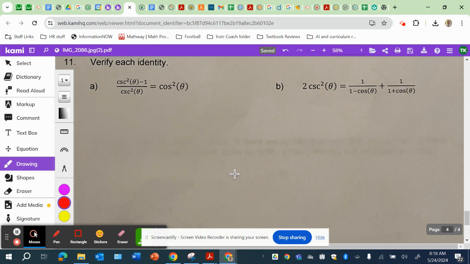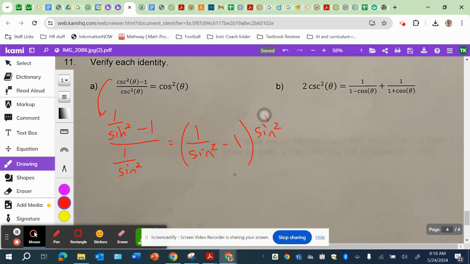Verifying identities, I would change stuff to sine and cosine whenever you can, or factor. So we want to get the left side to look like the right side. So if I change cosecant to 1 over sine squared minus 1 over 1 over sine squared, dividing by a fraction is the same as multiplying by the reciprocal. So I have 1 over sine squared minus 1 times sine squared.